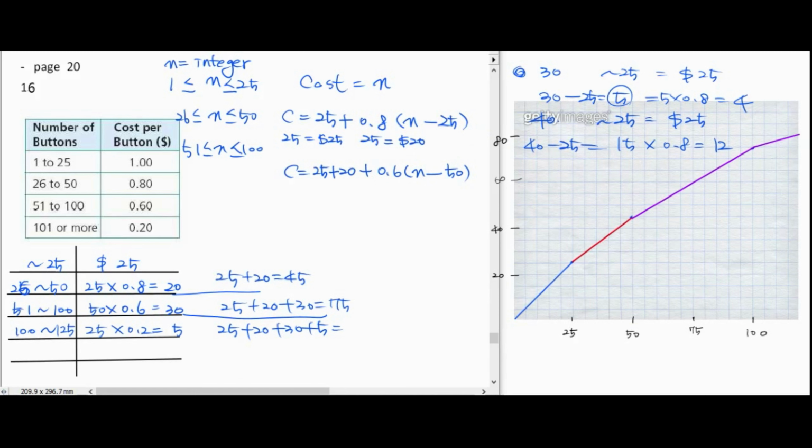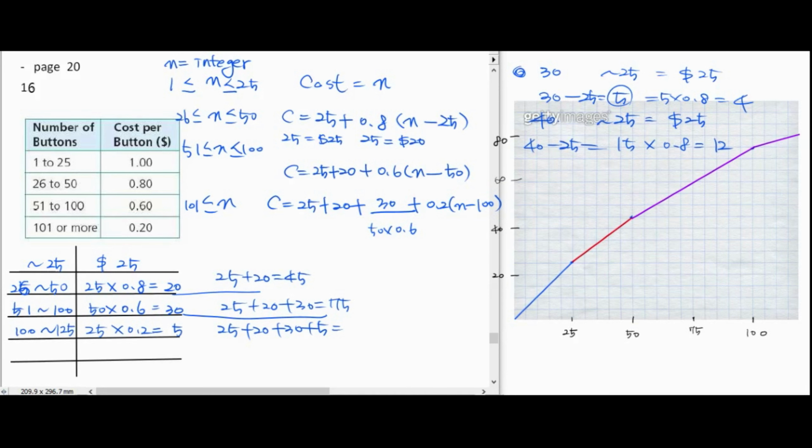And let's go for the next one. If it is 101 or more, the C is 25 plus 20, and we just need one more, which is 50 multiplied by 0.6, and this is 30. It's very simple. And this time it's also plus 0.2 multiplied by n minus 100. And this will be the equation for bigger than 101.